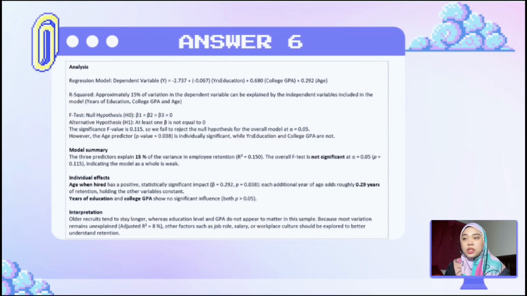For the interpretation, older recruits tend to stay longer, whereas education level and GPA do not appear to matter in the sample because most variation remains unexplained. Adjusted R squared is 2.8%. Other factors such as job role, salary, or workplace culture should be explored to better understand retention. So that is how I answer question 5 and question 6.